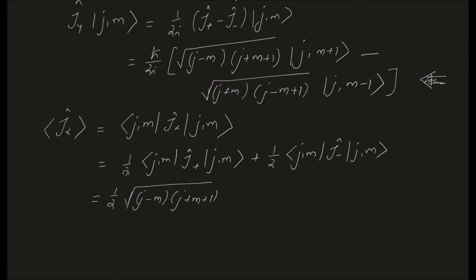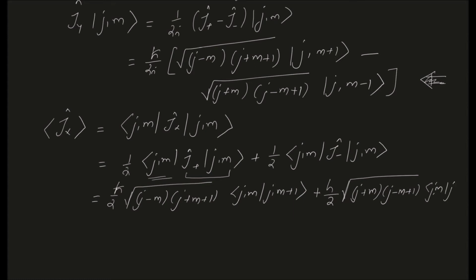Then you have the bra jm on the left-hand side, and J plus acting on jm will give us the state j, m plus 1, plus h cross by 2 square root of j plus m into j minus m plus 1, then bra jm on the left side, and J minus will give us the jm minus 1 state.